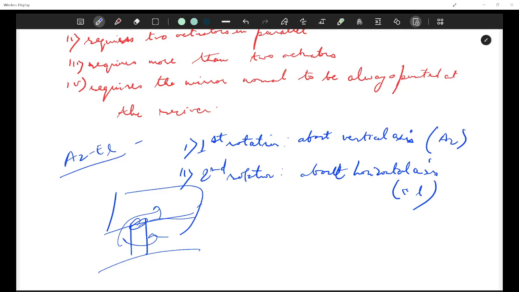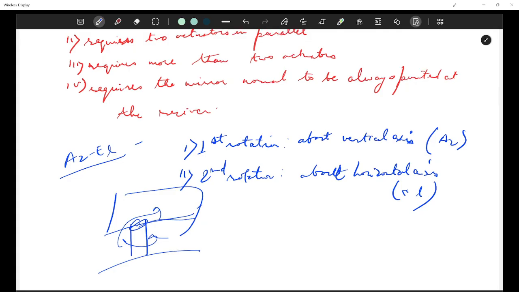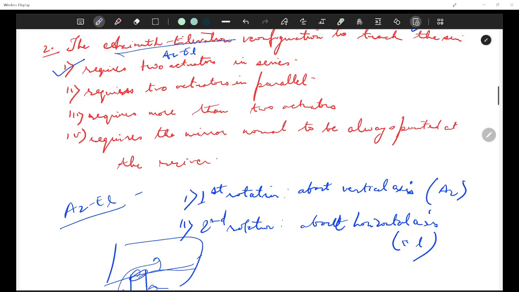For example, in a human arm, the shoulder rotates and then the elbow rotates on top of the shoulder motion. This is a series configuration. It is not a parallel configuration. So azimuth elevation is a serial mechanism, and option A is correct. The second option is that it requires two actuators in parallel.